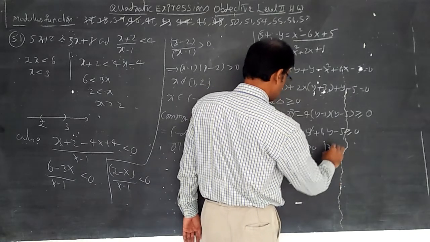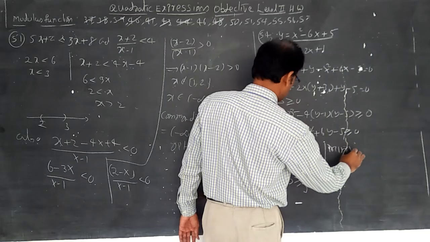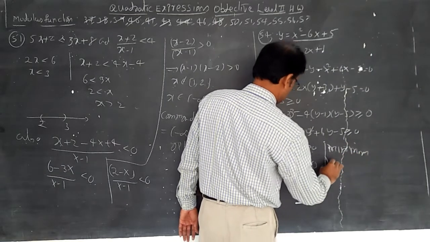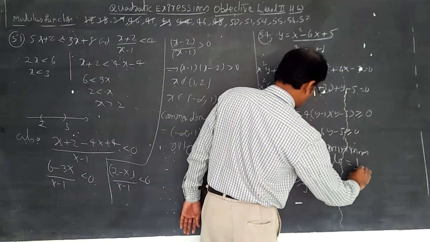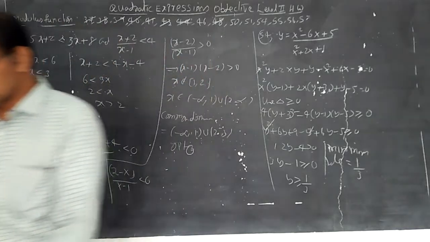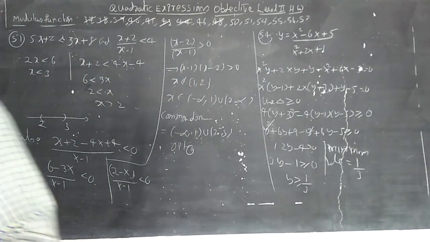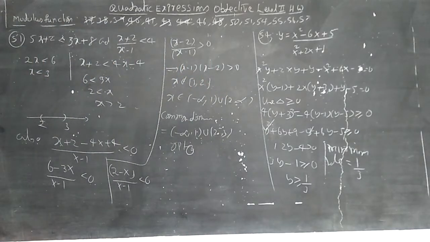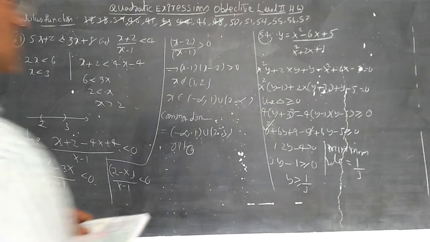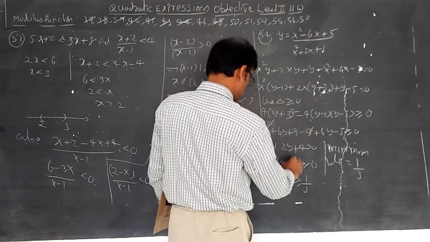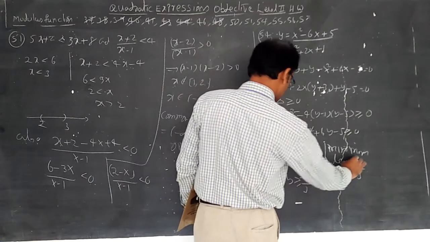So he is asking the minimum value. Minimum value is equal to 1 by 3. Here he has given minus 1 by 3. y square, yeah, it is plus, that's all.